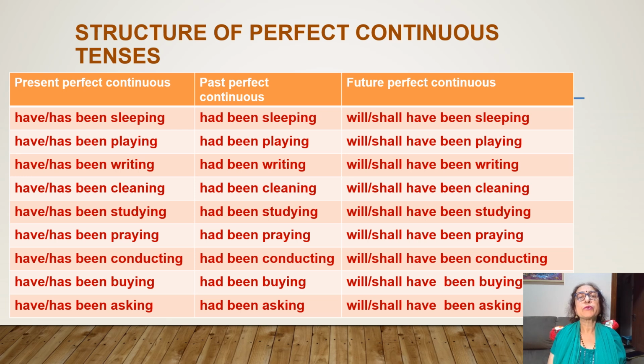The first thing which we should know is, how does the perfect continuous tense look? How are we going to derive it from the root verb? Suppose you take the verb to sleep, or to play, to write, to clean, to study, to pray, to conduct, to buy, to ask. These are the verbs, the root form of the verb. Now, change the root form to the present participle of the main verb.